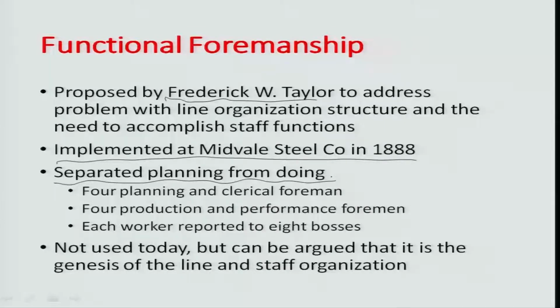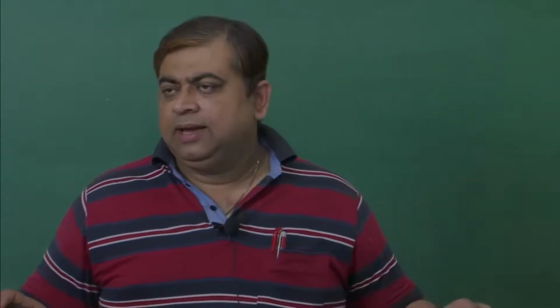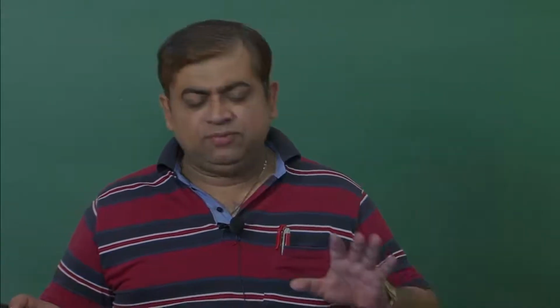So, there was a staff function which was typically in the clerical domain or planning domain, and a staff function which was there more in the doing or production or active manufacturing domain, and all the workers would have to report to both the planning domain as well as the manufacturing domain, which was really not considered to be a very good way.